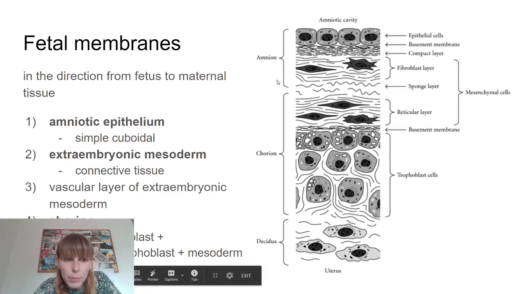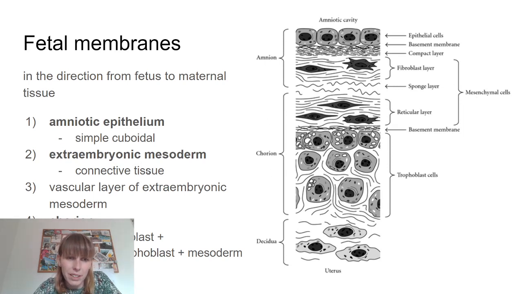And both amnion and chorion will have a layer of mesoderm to it. So we will have all of the mesoderm here. So mesoderm, extraembryonal mesoderm, or extraembryonic mesoderm. So this loose connective tissue again from amnion and from chorion.